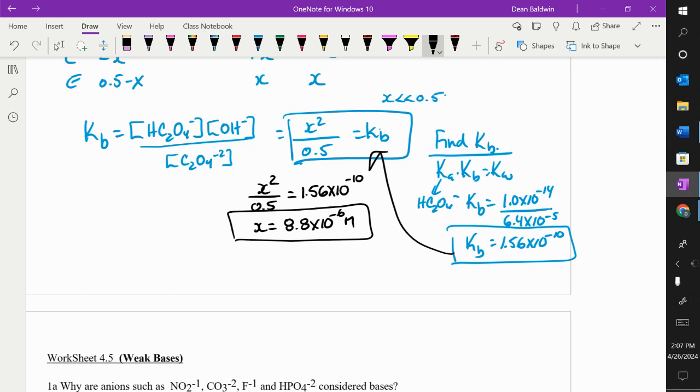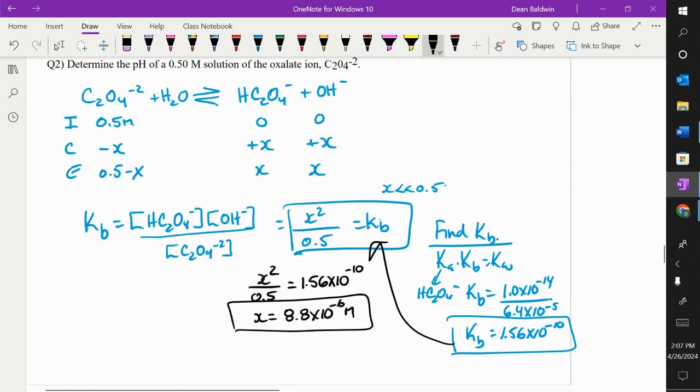Is that sounding about right? Okay. Now what? What does X represent? The concentration of hydroxide. Yeah. So this is X, which is this and this. But we want this. Why is this the one that's important to us?